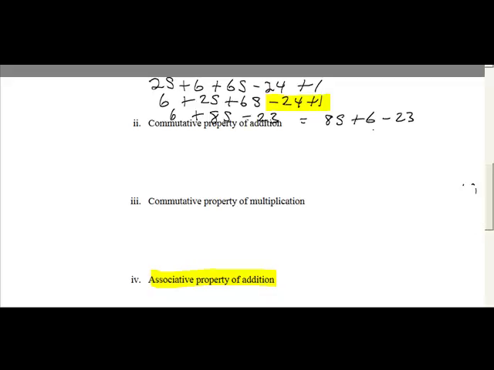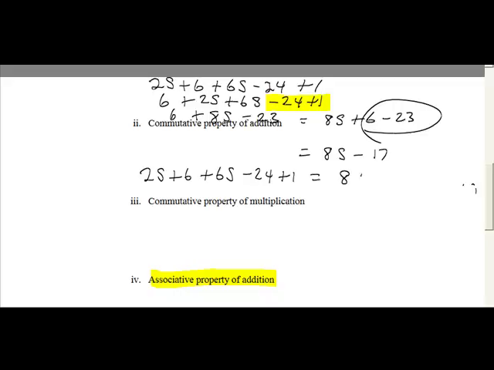Apply the associative property again, combining those two and writing this as 8s minus 17. So I have 2s plus 6 plus 6s minus 24 plus 1 is equal to 8s minus 17.